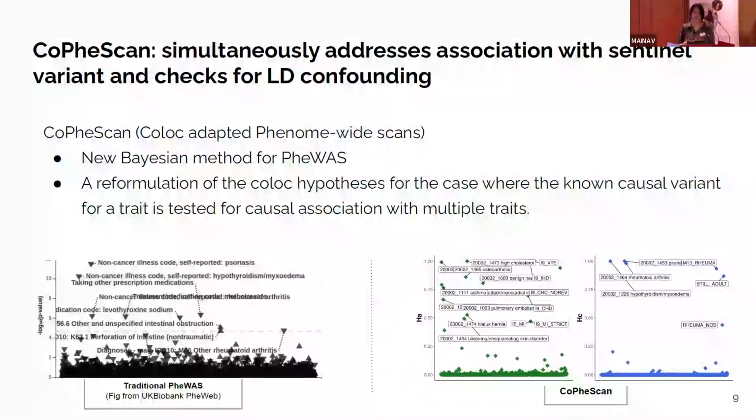In the case of CoPheScan, we have a causal variant which is already known to be associated with the trait, and we test for causal associations with multiple traits. On the left, we have the traditional PheWAS with p-values and identification of potential phenotypes. With CoPheScan, we can simultaneously identify associations as well as find out if the variant is an LD confounder or not.